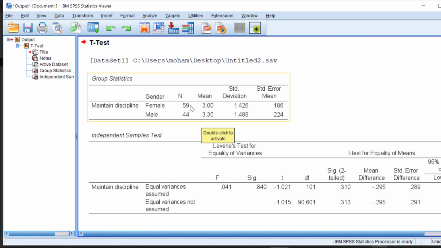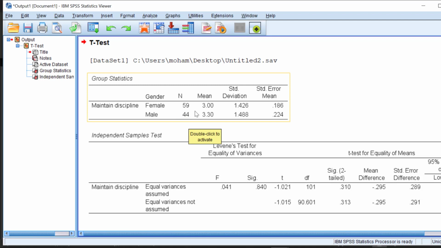However, there is a slight difference between female and male respondents with regard to maintaining discipline in favor of male respondents. Like maybe male respondents agree more, or they are even undecided with regard to the use of L1 to maintain discipline. However, this difference is not statistically significant as it cannot be generalized.